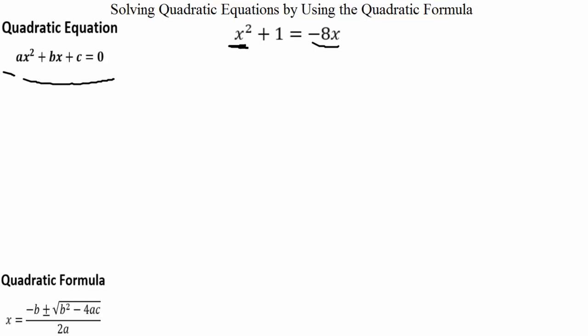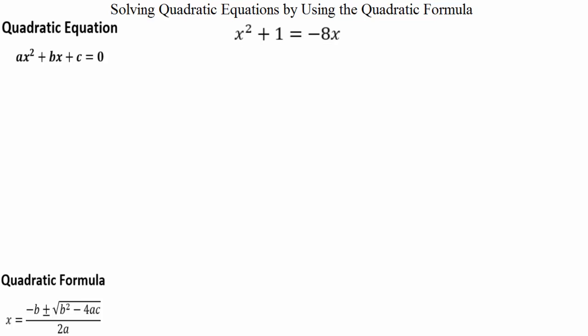Our x to the first power term should be next, followed by our constant, and it should all be set equal to 0. If we're given an example where that is not so, that means we need to have a little bit of a rearranging game going on. We need to move some stuff around so that it could be in the proper format.